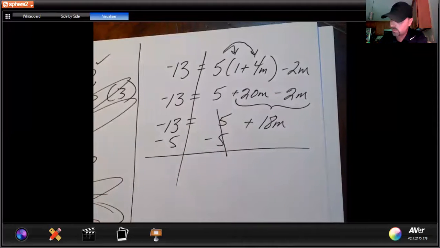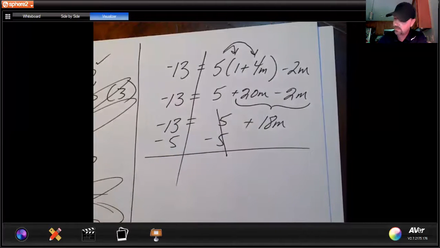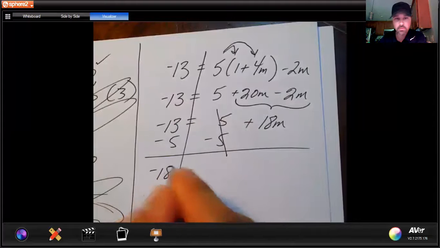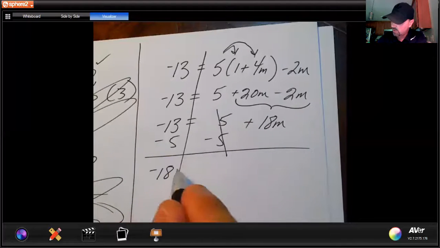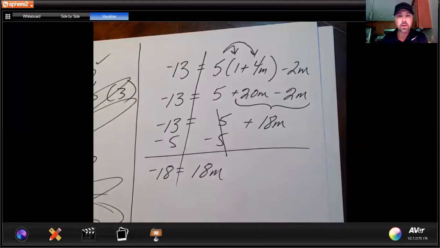Here's your integers coming in. Negative 13 minus 5. Or you may see negative 13 and negative 5 combined makes 18 negatives, or negative 18. Bring down your equal sign. And on the other side is 18m. Bring that down.